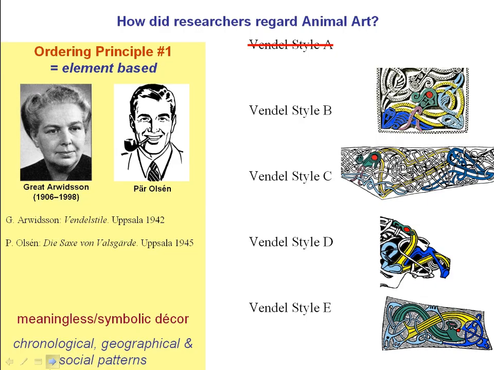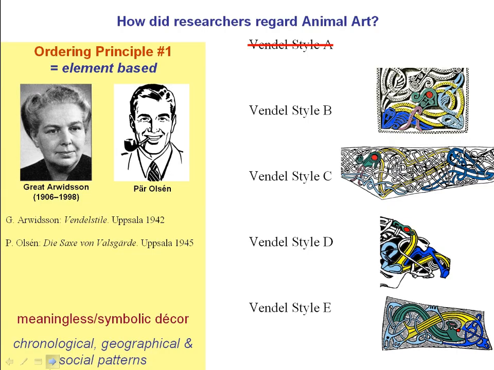On the plus side, we can grant Greta Arvidsson and Per Olsen that they followed the principles that had been established by Bernhard Salin, which just means that they focus solely on style by putting apart the beasts into their different body parts, that is heads and bodies and lower legs and upper legs and so on, and to look at how these parts developed and that by this estimate their relative date.